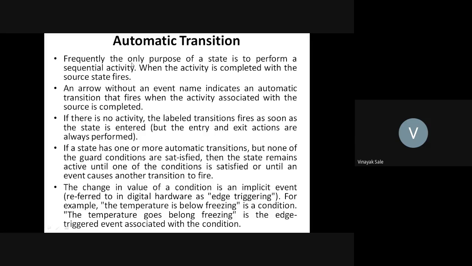The arrow without an event name indicates an automatic transition that fires when the activities associated with the source are completed. If there is no activity, the labeled transition fires as soon as the state is entered. But the entry and exit actions are always performed.